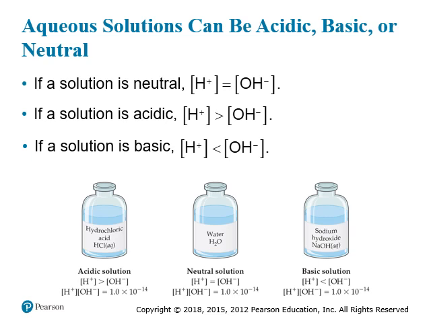At the bottom of the slide, we see three different solutions. One which is essentially pure water, in which we see the same amount of H plus and OH minus. An acidic solution of hydrochloric acid, which obviously has more H plus than OH minus. And a basic solution of sodium hydroxide, in which we see more hydroxide anion than H plus.